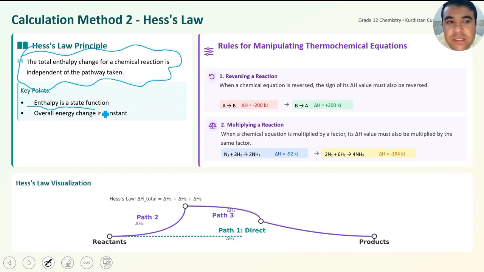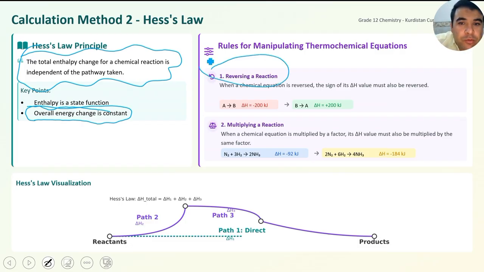Of course, enthalpy is a state function. You know that overall enthalpy change is constant for specific conditions of temperature, pressure, and amounts of reactants and products with physical status, guys.